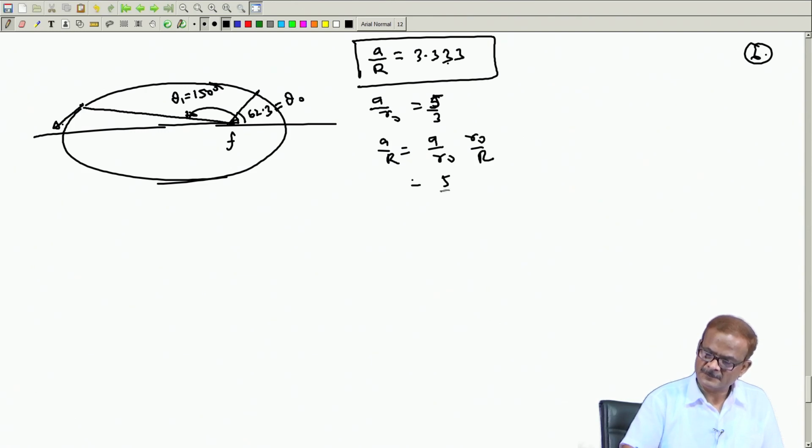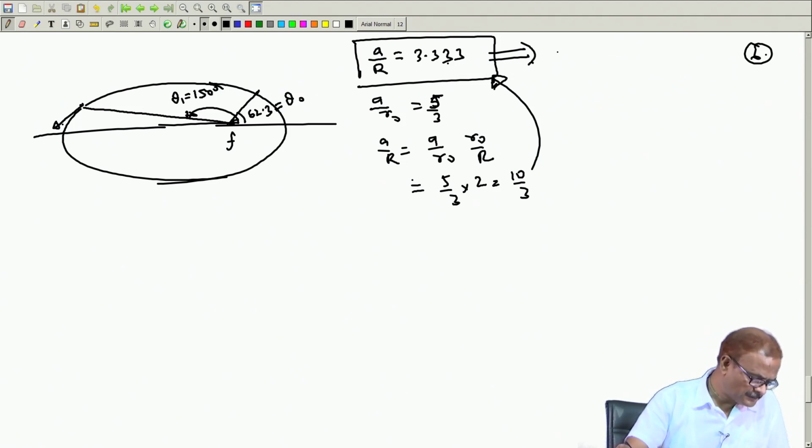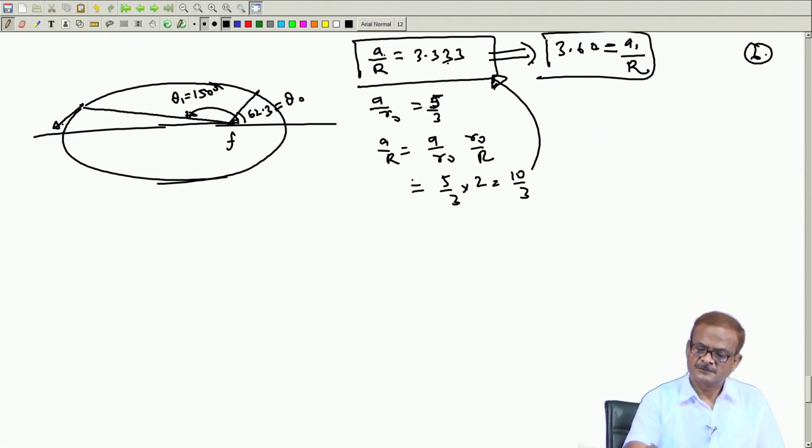So, this is 5/3 times r 0 by r, which is given to be 2. So, 10/3, which is this quantity we have got. From this value, this has to be increased to a by r equal to 3.6 without rotating the periapsis. So, this will be your new a 1 by r. This is the older one and this is the new one, which we will indicate by a 1 by r.